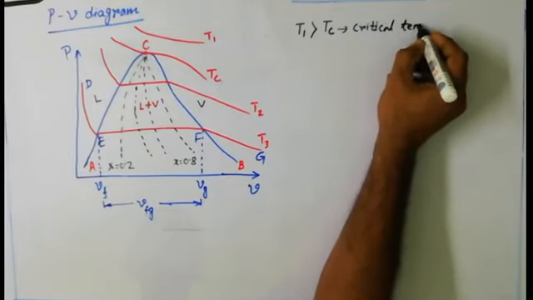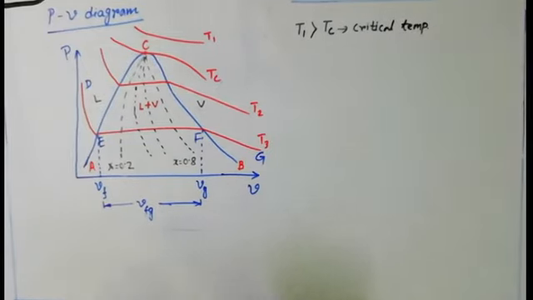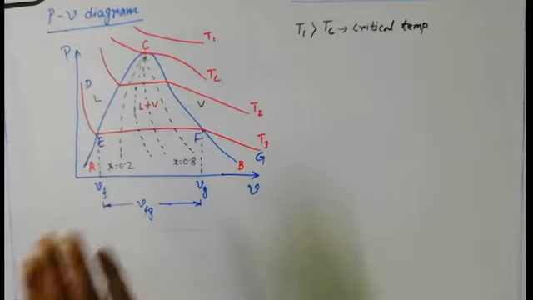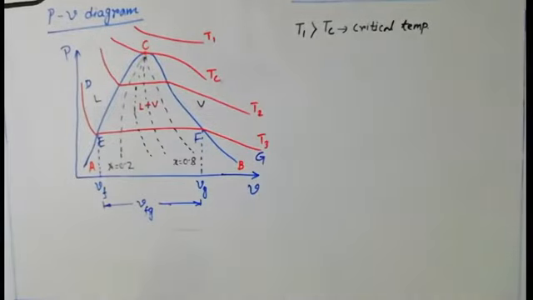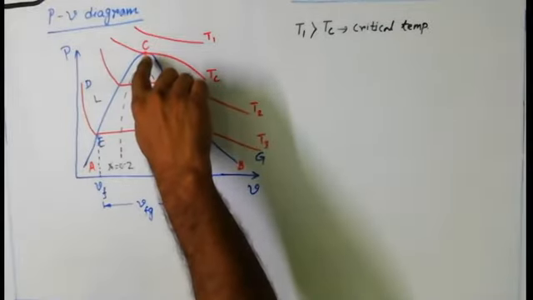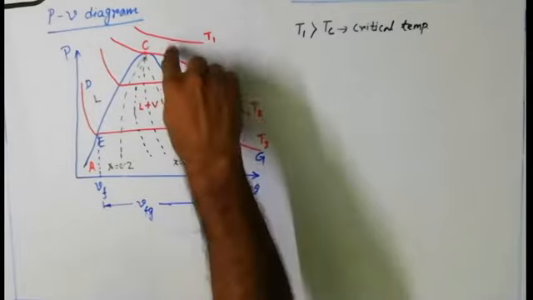Critical temperature means the temperature at which the liquid phase and vapor phase coexist with each other in an equilibrium state. That is the critical point. You can see this side is liquid and this side is vapor.